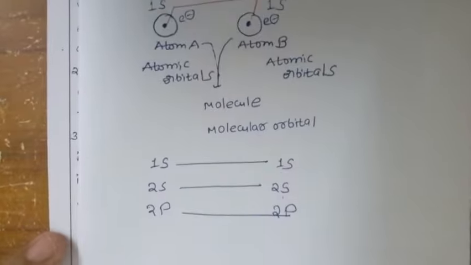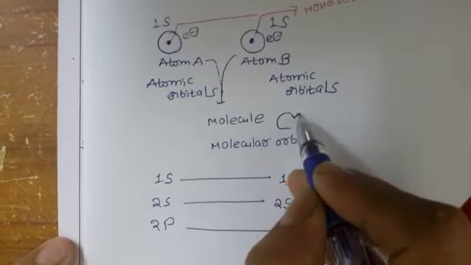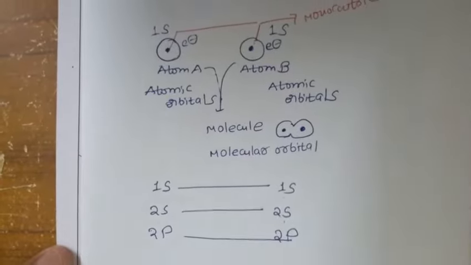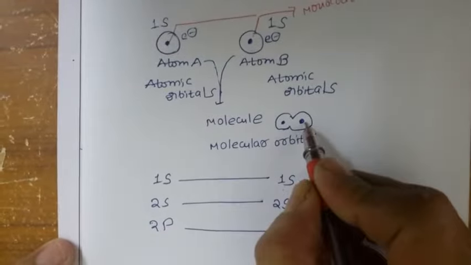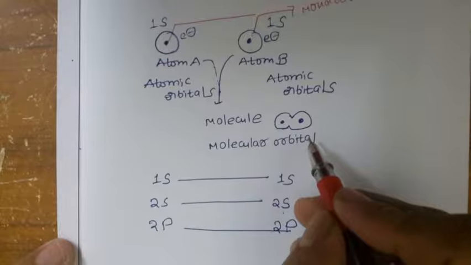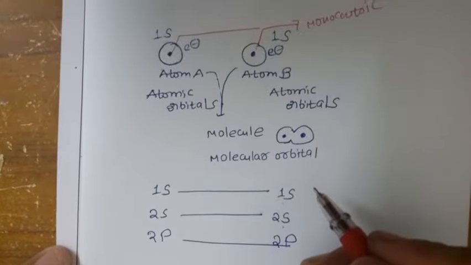But if you come to the molecule, for example a hydrogen molecule, the electrons are influenced by two nuclei. Or if you go for CH4, we have 5 atoms, so it depends on the number of atoms combining.